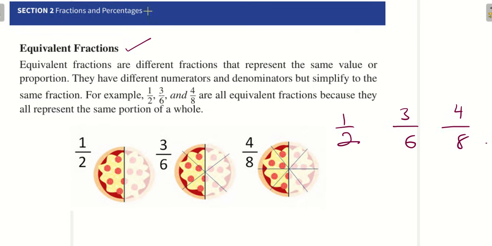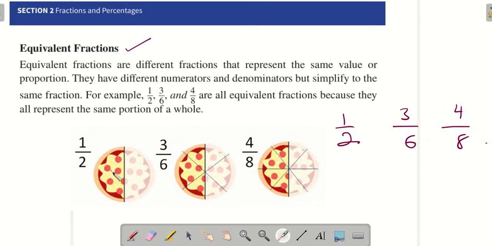Now, first of all, observe that this part here is the same as this entire part, and it is also the same as this entire part. So first of all, we can see that this region here is 1 out of the entire 2 divisions.